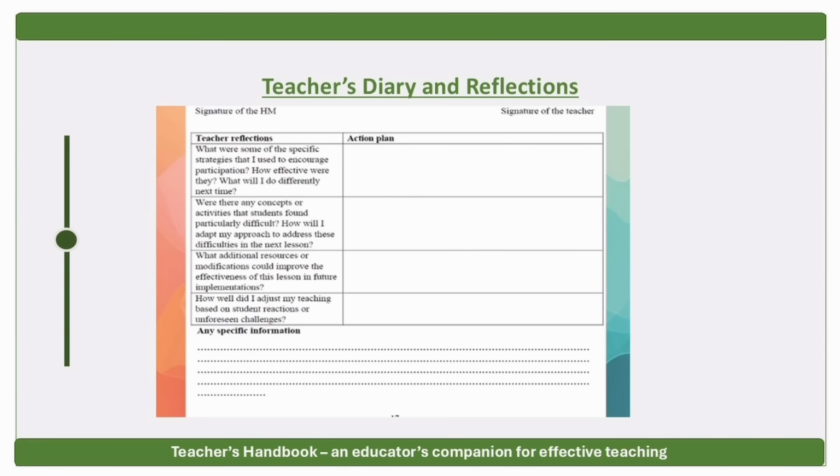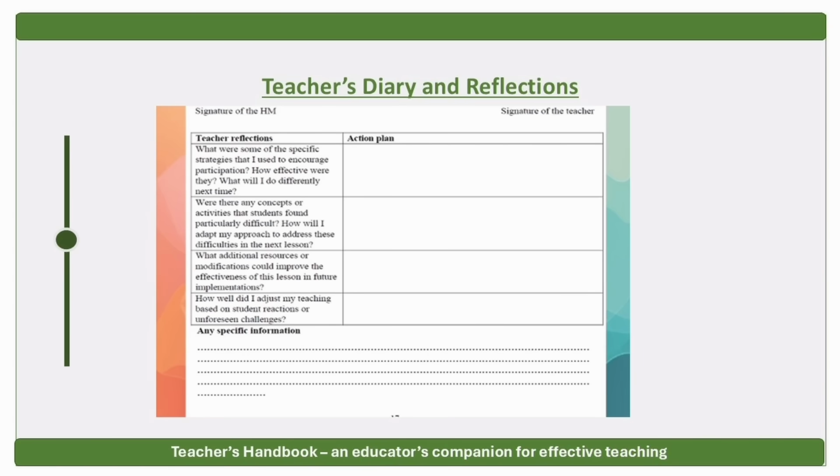The teacher's reflections are just like self-evaluation. That means in this regard we have to mention what are the specific strategies that we had followed and what is the action plan that we had followed, and any difficulties that we faced or any additional resources or modifications that we need and how we adjusted.